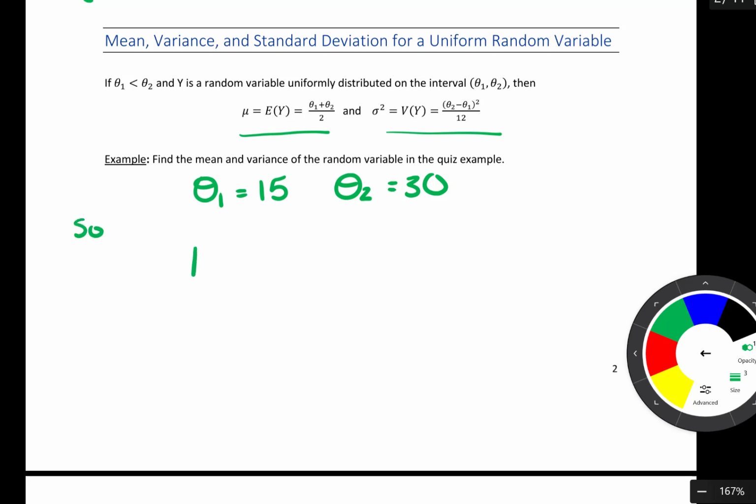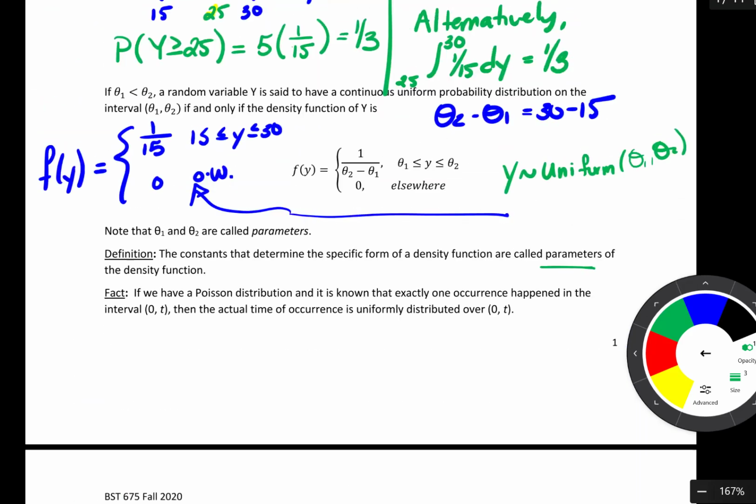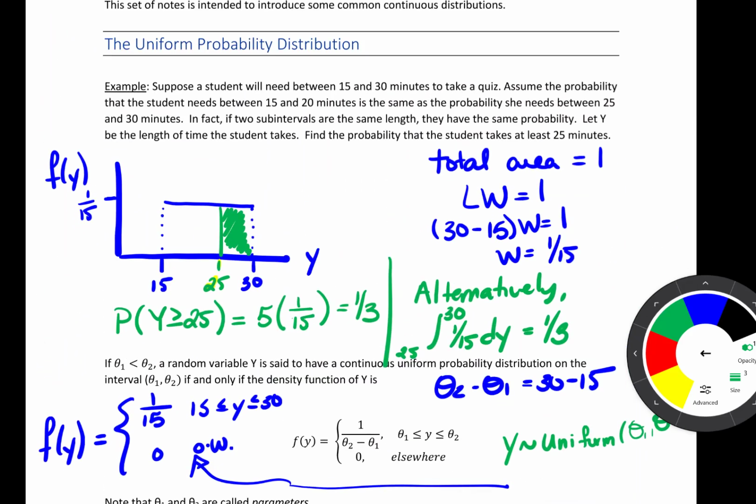So if we want to find the mean, we know that the mean is equal to (theta 1 plus theta 2) divided by 2, which in this case is (15 plus 30) divided by 2, which is equal to 22.5. And let's go back up to our quiz example. Notice that 22.5 falls right in the middle of our rectangle.